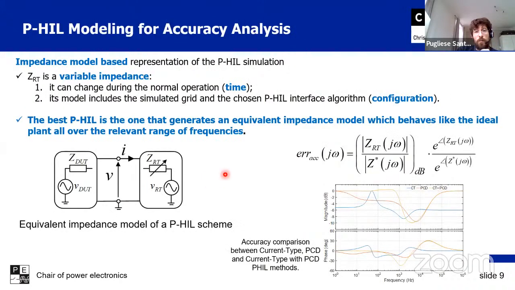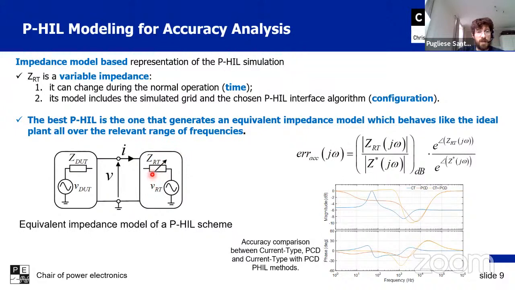Why did I move to this representation in terms of impedance? Because typically we use impedance-based methods to study the stability of an interconnected system.